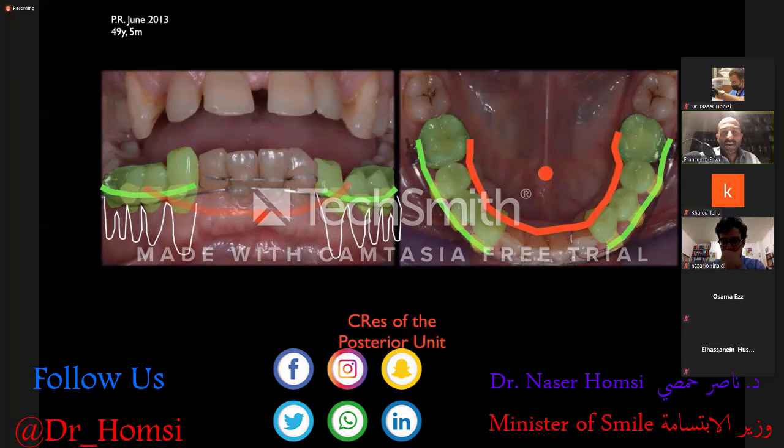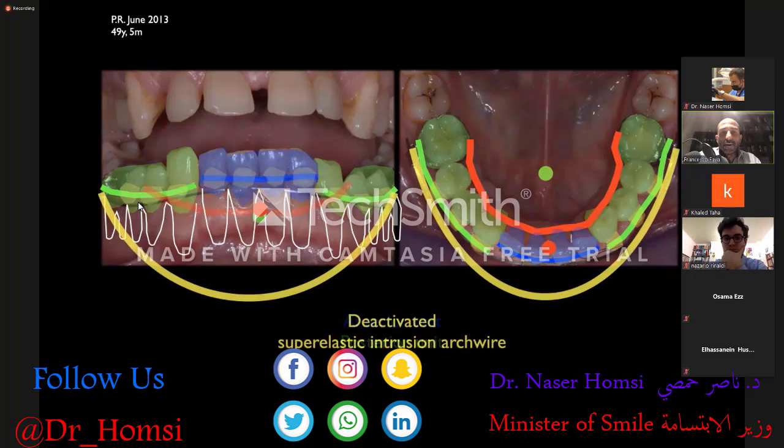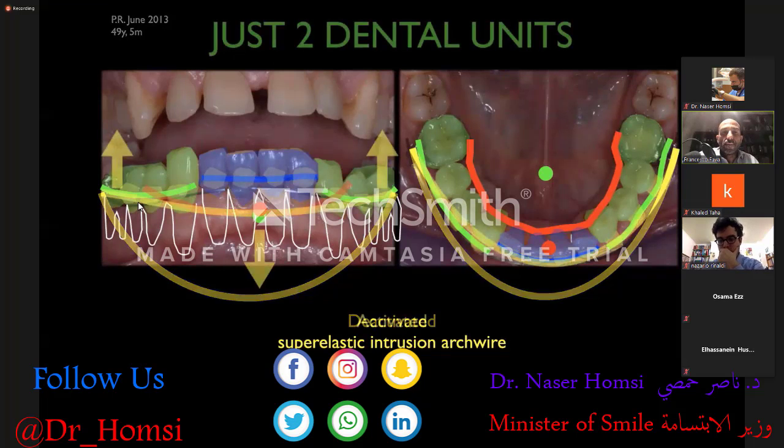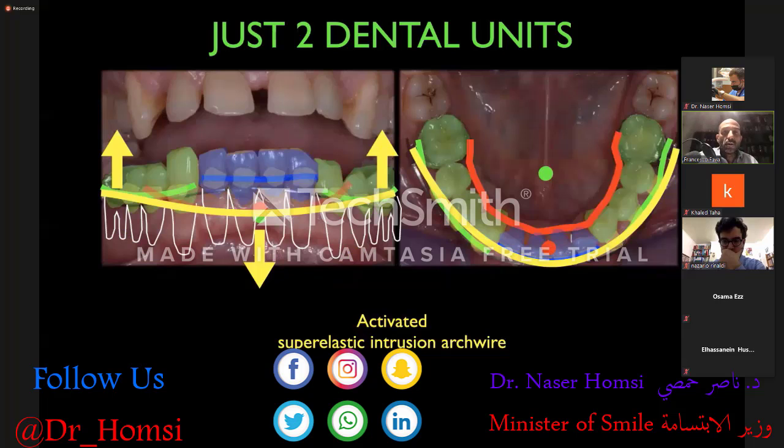We have a center of resistance on the posterior unit and a center of resistance on the anterior unit. A 17x25 intrusion TMA wire intrudes the lower incisors. Here we can observe, drawn in yellow, a deactivated superelastic intrusion arch wire and the overall force system with just two dental units.